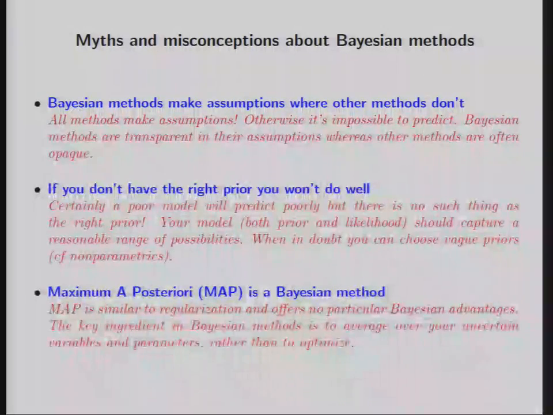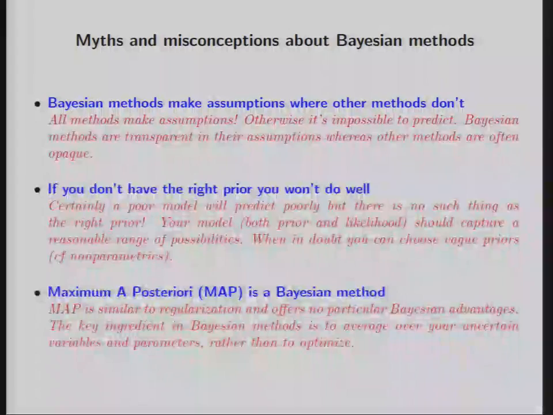And in fact, one of the troubling things about maximum a posteriori is the following. Maximum likelihood is invariant to reparametrization. If I take my maximum likelihood fit for a Gaussian, and instead of parameterizing it as mean and variance, I parameterize it as mean and log of standard deviation, the maximum likelihood fit is still exactly the same.